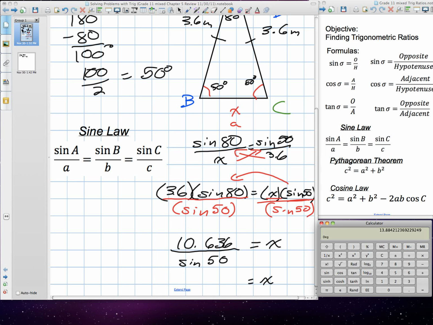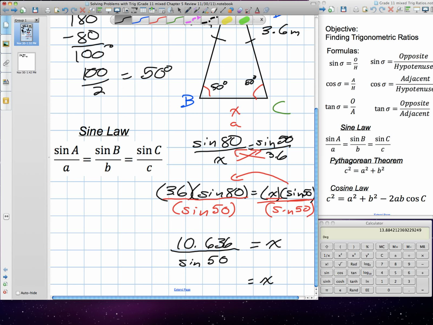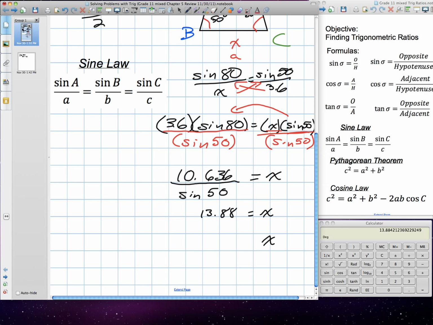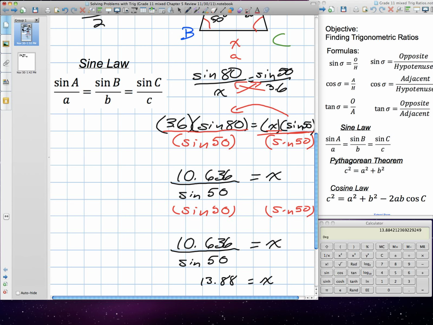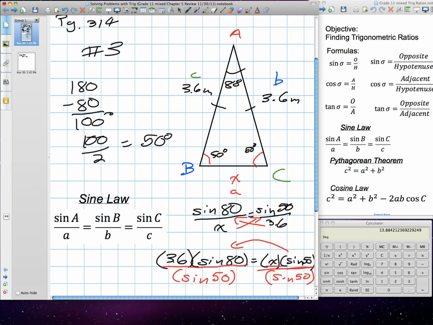And finally, we take that number and divide it by, in brackets, sine 50, and we're going to get 13.88. Now, does the question tell us to round it? To the nearest meter for the garden. So they want us to round this to the nearest meter, so we're going to say that x is approximately 14 meters.